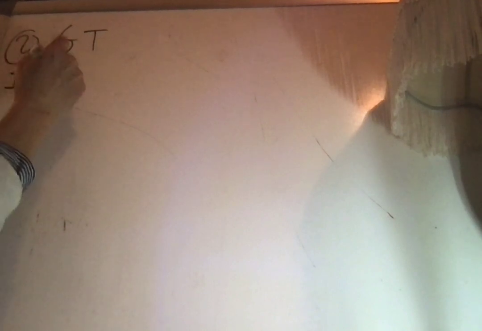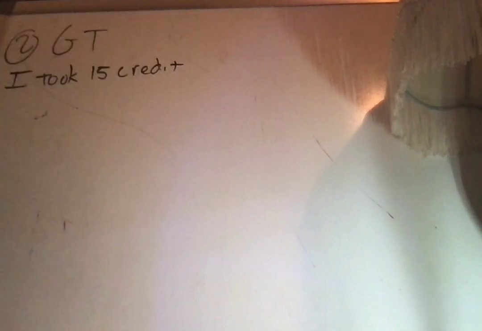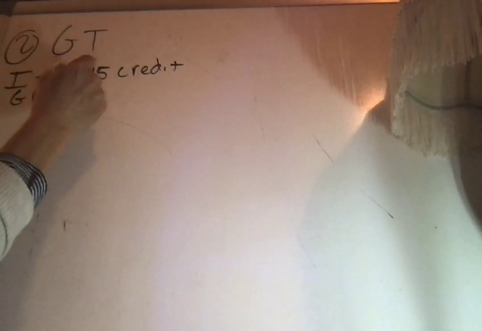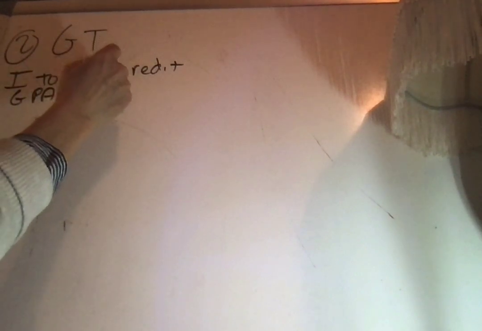Okay, I think you can see that. When I was at Georgia Tech, I had taken 15 credits. And when my report card came in the mail, and we're just going to talk about this semester, not cumulative my whole time there, it said my GPA was a 3.0000 for that semester.